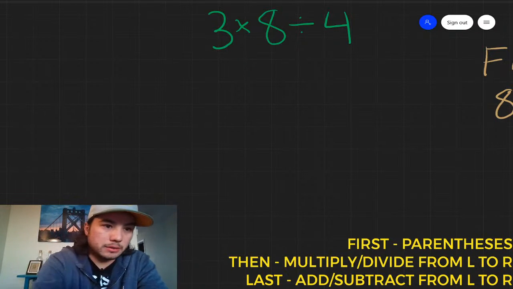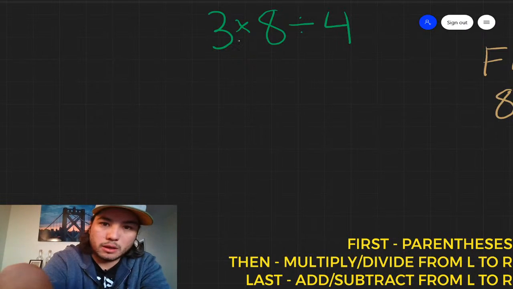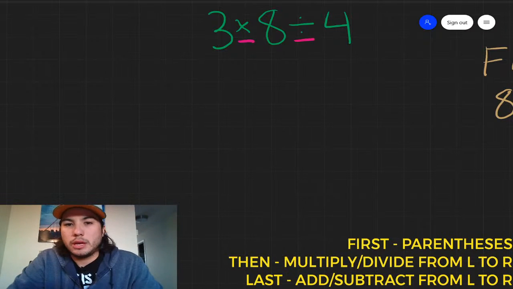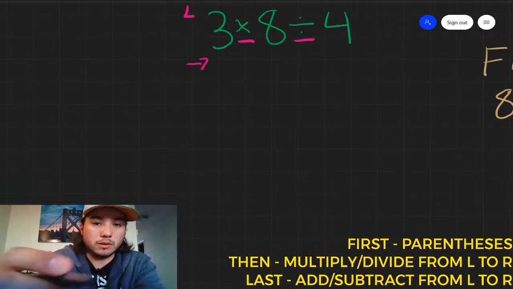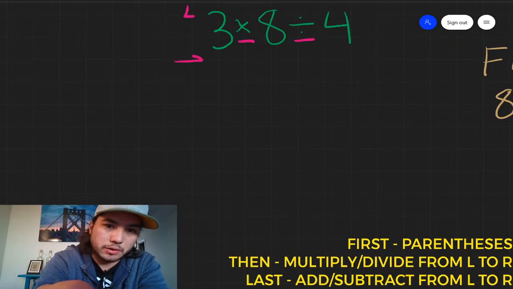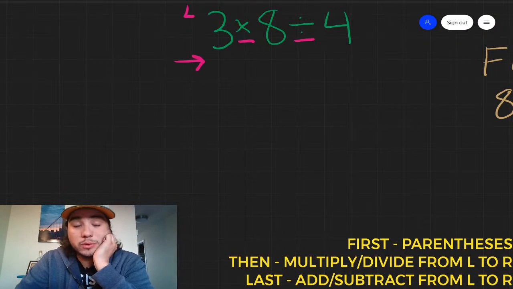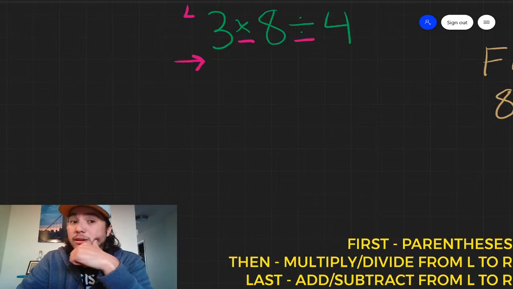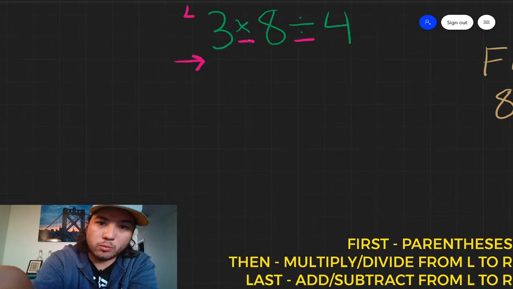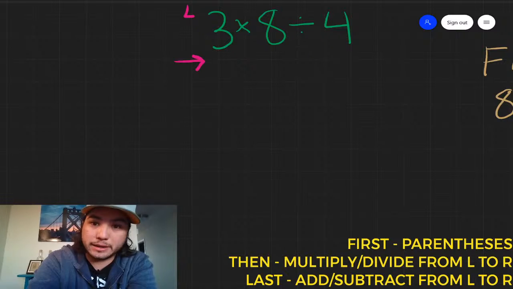We see here there's both multiplication and division in this expression. So we're going to move from left to right. Okay, well, that's a shoddily drawn arrow. There we go. Left to right. And whichever operation is furthest to the left, we're going to do that first. So we're going to do the 3 times 8 and simplify that first. Then whatever we get from 3 times 8, we will divide by 4.